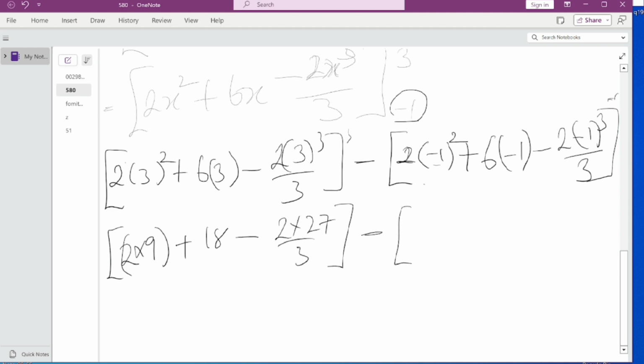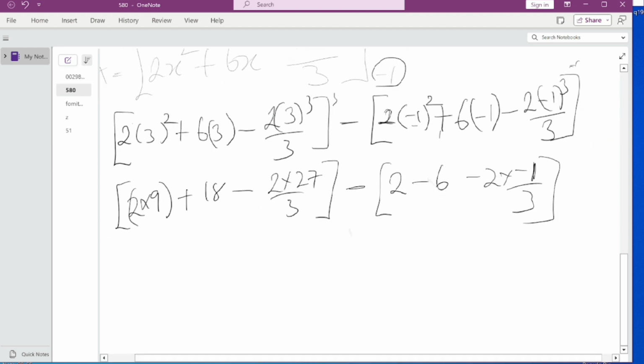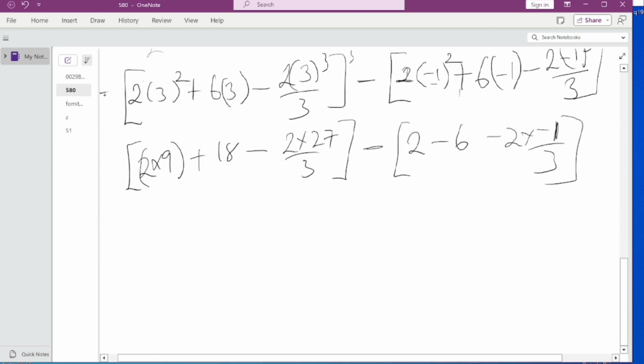Minus, 1 times minus 1 will give us plus 1, that's minus 1 squared, that's plus 1 times 2 will give us 2, then we have plus 6 times minus 1 will give us minus 6, minus 2 times minus 1 to the power of 3, which is minus 1 times minus 1 times minus 1, which gives us minus 1 over 3. You have to be careful with the signs. This is where JAMB makes it difficult.